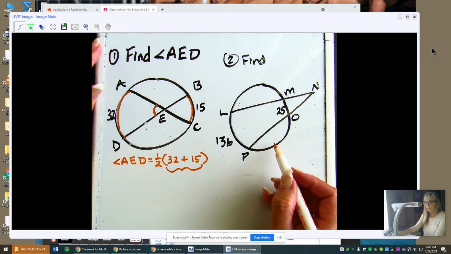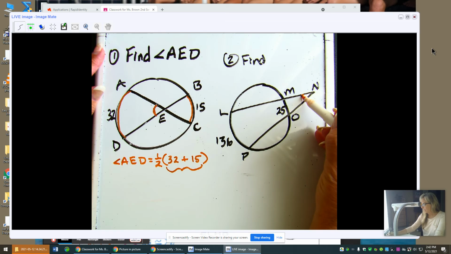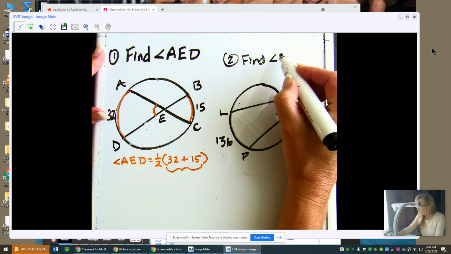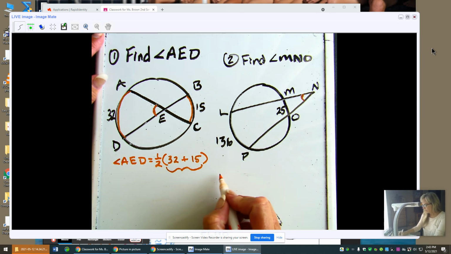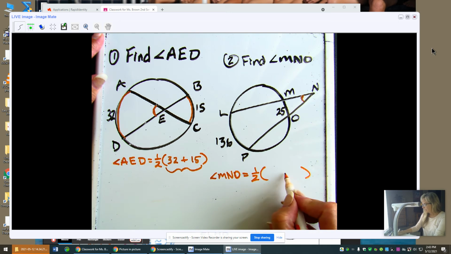Not to be confused with two secants in a circle that create an angle outside the circle. I didn't write what I'm supposed to find. It's supposed to find angle MNO, which of course is that exterior angle there. And there's a formula to find that. Angle MNO is also 1/2, but it's the difference of the two arcs.